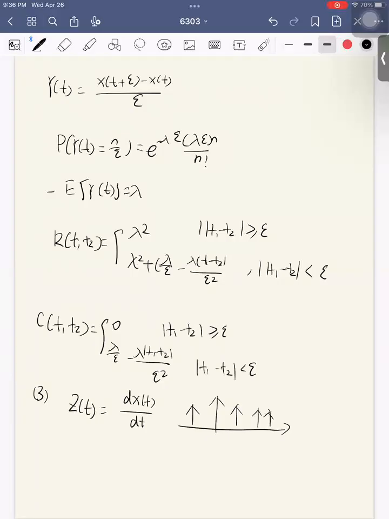There is no probability mass definition, and the mean is equal to lambda. The autocorrelation R(t1, t2) is equal to this part right here, and the autocovariance C(t1, t2) is equal to this part.